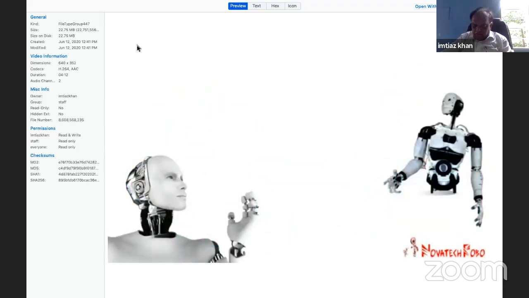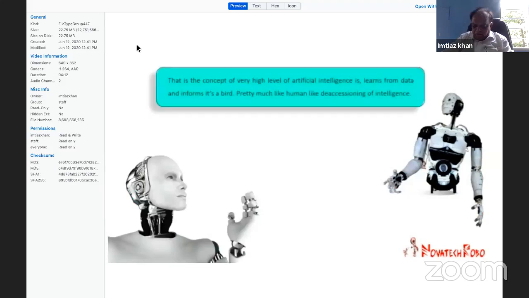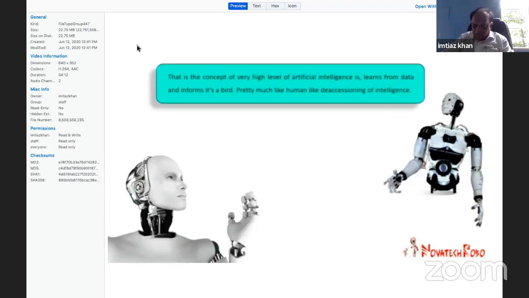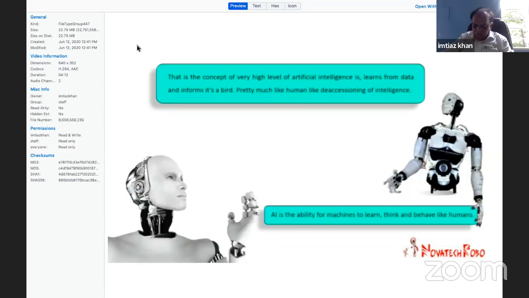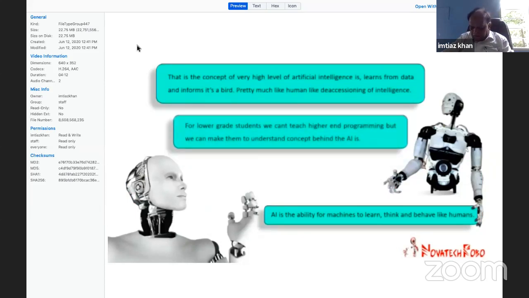That is the concept of artificial intelligence at a very high level: it learns from data and informs that it's a bird, pretty much like human-like decision-making. So briefly, artificial intelligence is the ability for machines to learn, think, and behave like humans. For lower grade students, we can't teach higher-end programming, but we can make them understand the concept behind artificial intelligence through robotics.